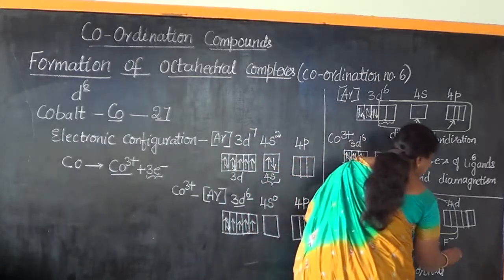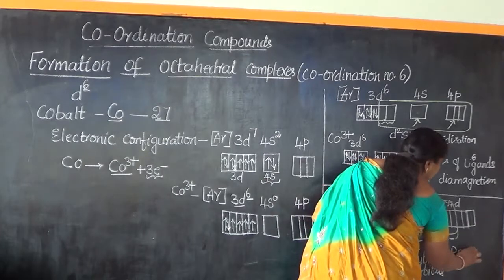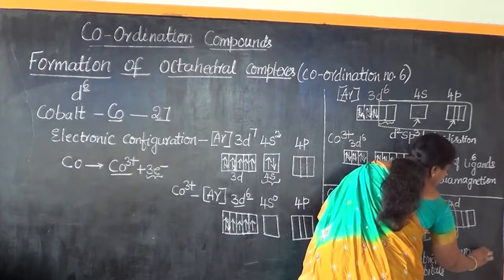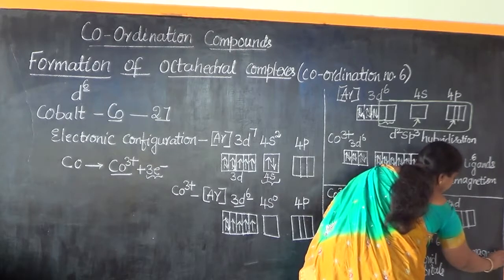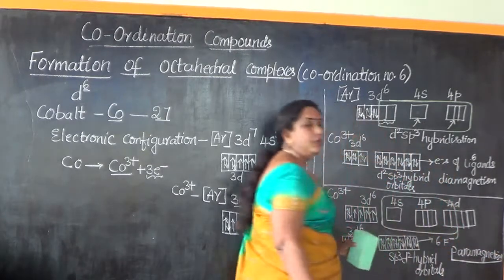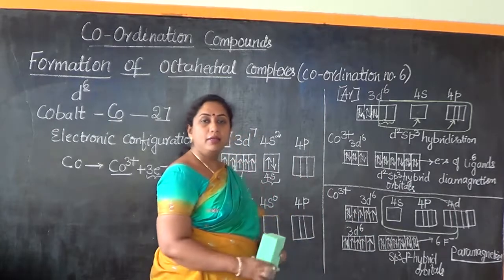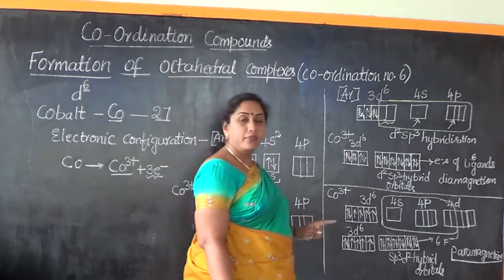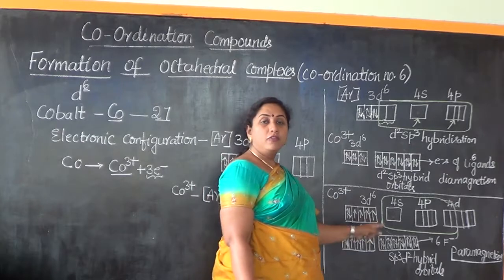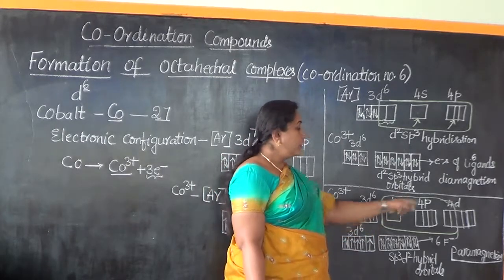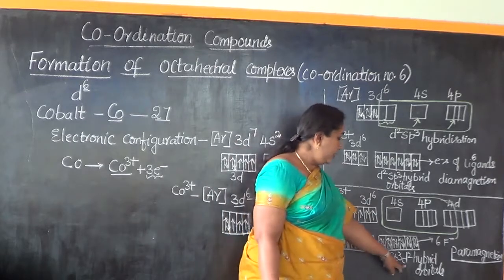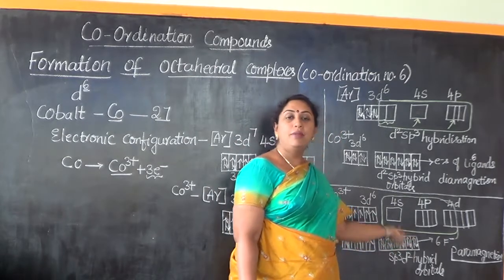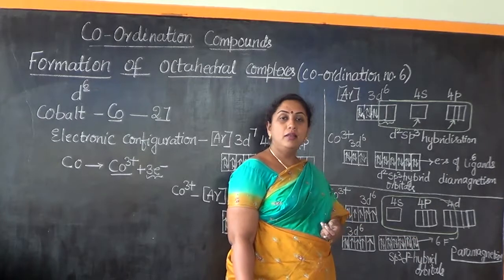I write this: it is going to exhibit paramagnetism, and they are forming outer orbital complexes. sp3d2 is an example of an outer orbital complex.